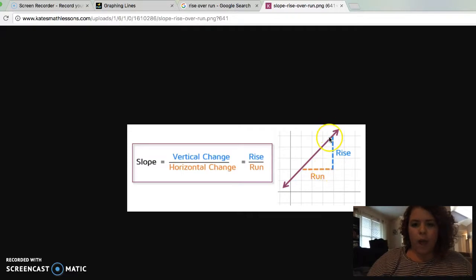Okay, so rise is how far they are apart vertically, and run is how far apart they are horizontally. So slope is the vertical change over the horizontal change, or as we commonly refer to it, rise over run.